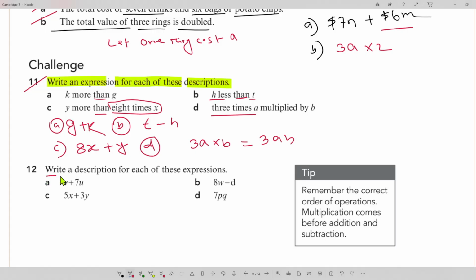Number 12, write a description for each of these expressions. Here is v plus 7u.